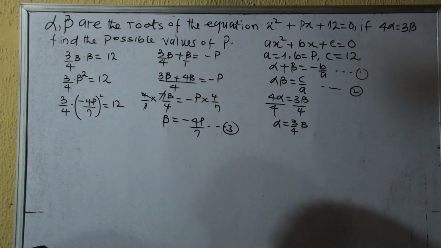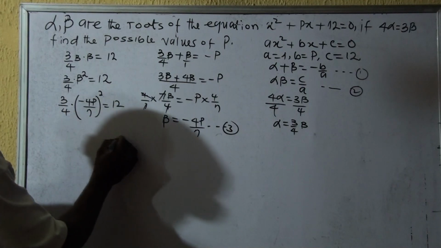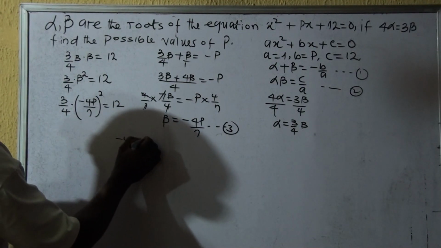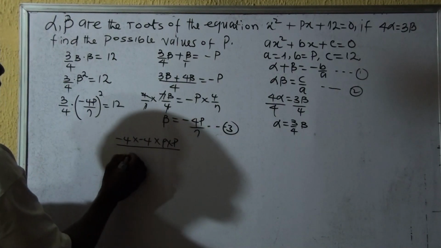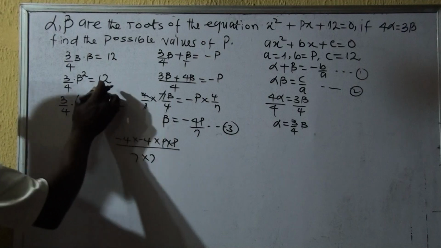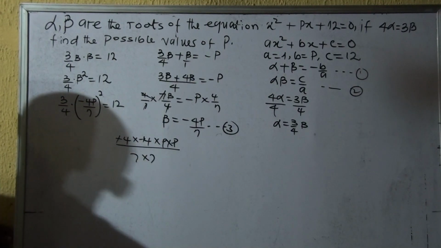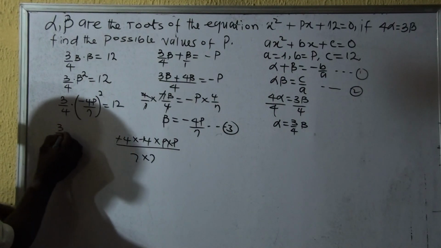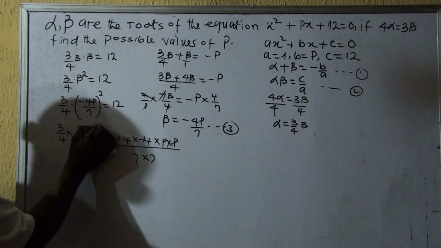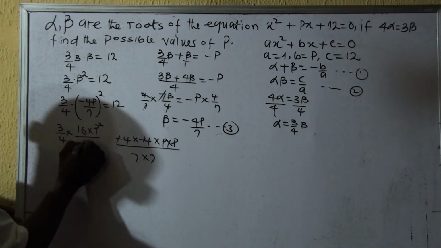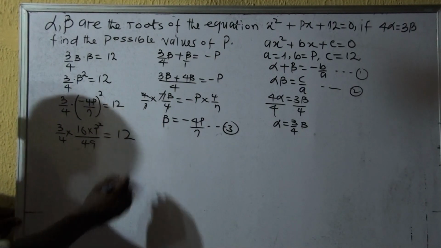Now we have to open this expression. This is minus 4 times minus 4 times p squared over 7 times 7. That's the meaning of the square. Minus times minus is plus. So it becomes 3 over 4 times 16 times p squared over 49, equivalent to 12.